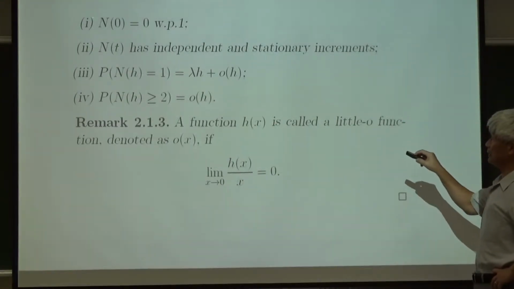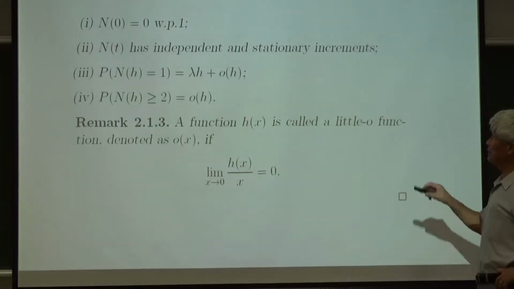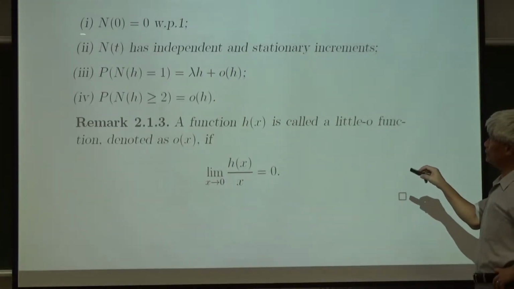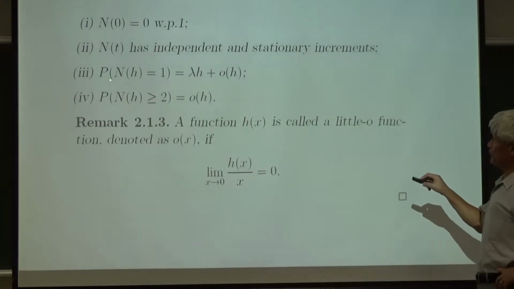So given that the counting process is Poisson, Roman 1 and Roman 2 are satisfied. So what we have to do is to prove Roman 3 and Roman 4.